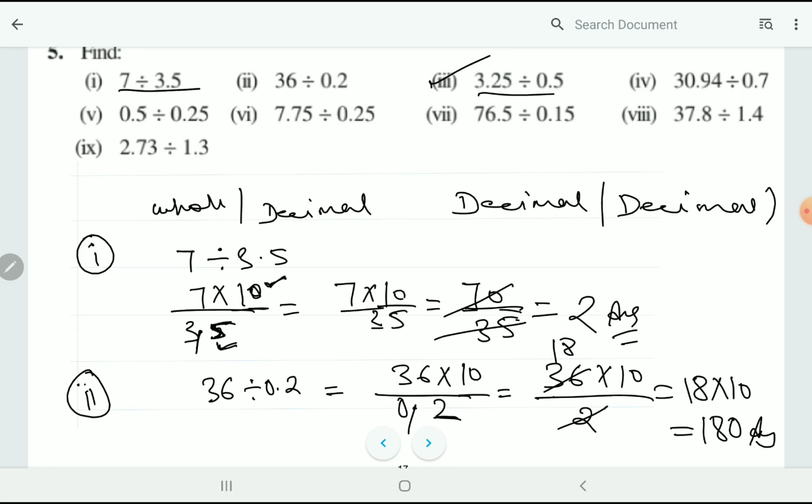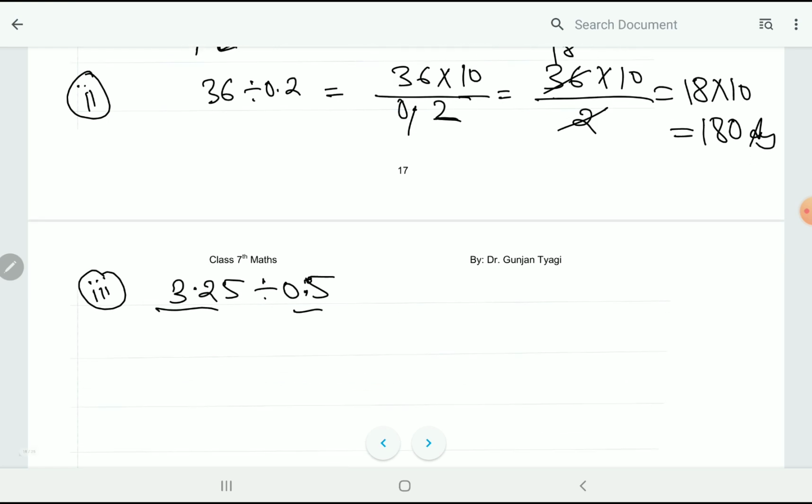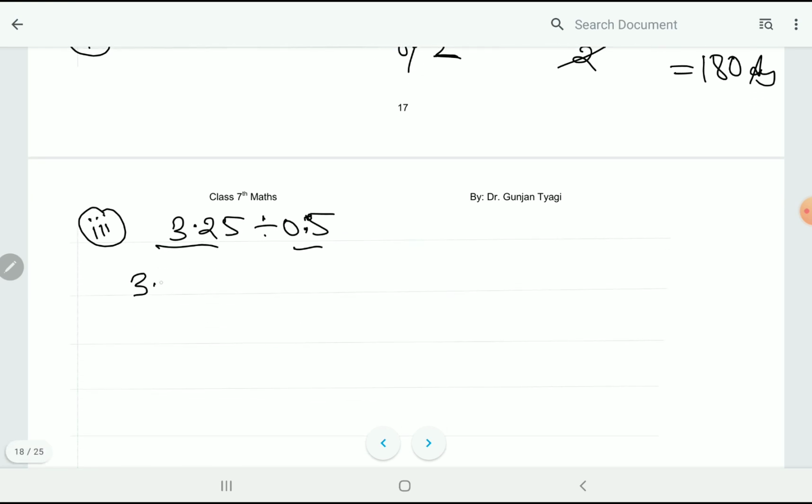Next question is 3.25 divided by 0.5. Now the numerator and denominator are both decimal numbers, so you will have to remove the decimal from both. You will multiply both the denominator and numerator.